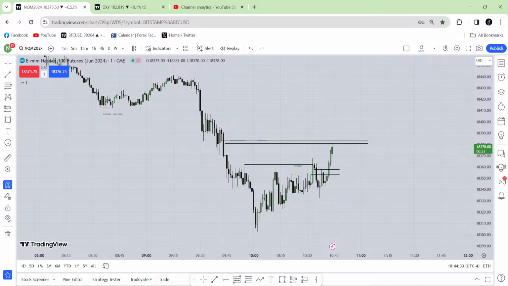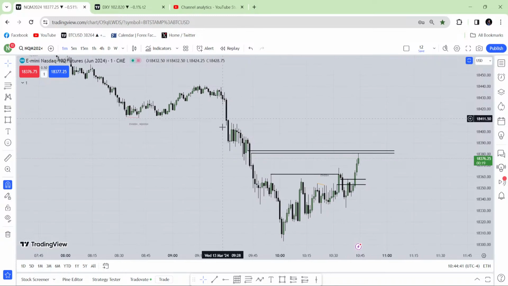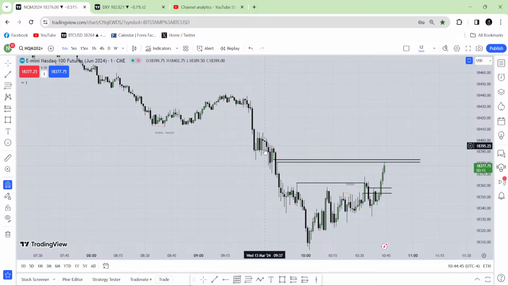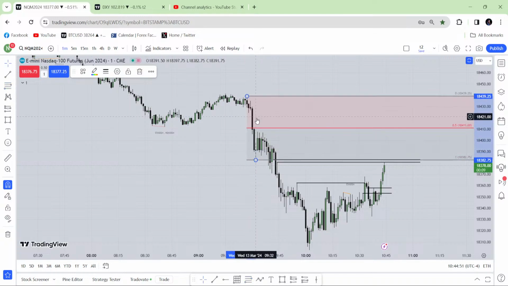The market will take the liquidity, market structure shift, fair value gap entry. That is the ICT model. I'm just trying to explain which fair value gap you are going to use. Most of you actually depend on the PD range, that means the 50%, right? Over here, above here, this is the premium. So you will sell from the premium.